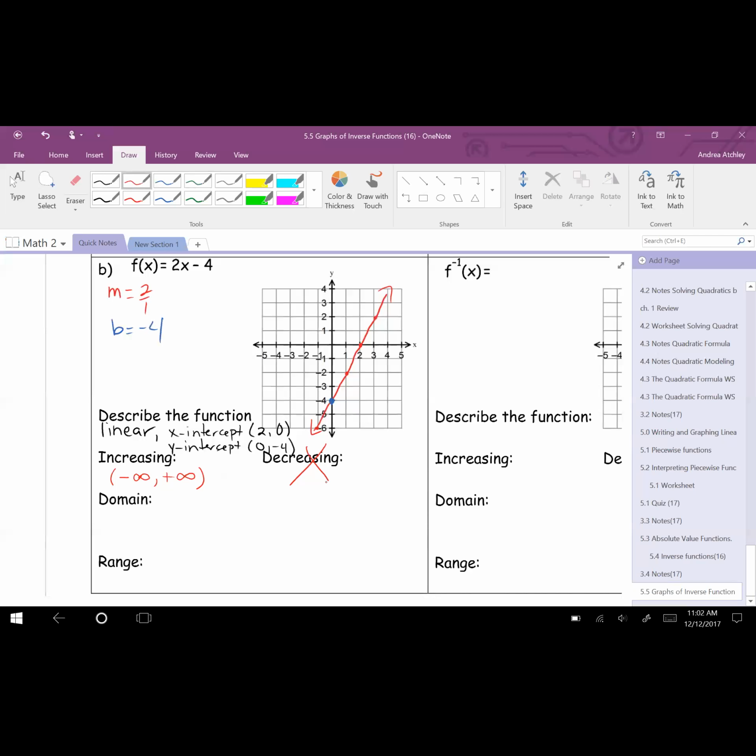Okay, the domain. How far to the left will it go? Forever to the negative, right? Okay, so the domain will go to negative infinity, and how far to the right? Positive infinity, which again is all real numbers.